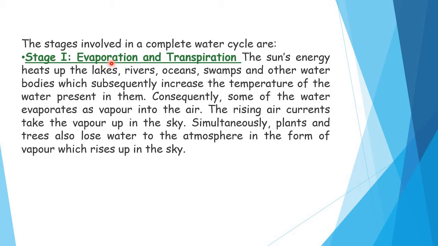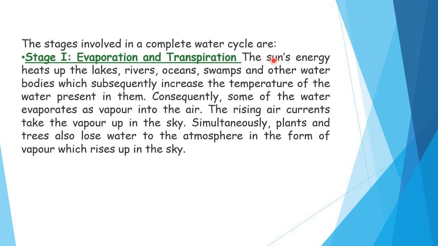These are some stages you can see taking place in the water cycle. Stage 1 is evaporation and transpiration. First we see what evaporation is. As discussed earlier, the sun's energy heats up the lakes. Why? Because the sun has very powerful energy.